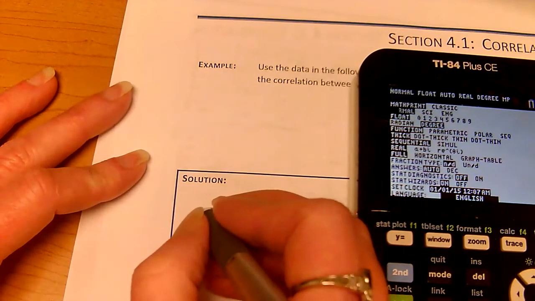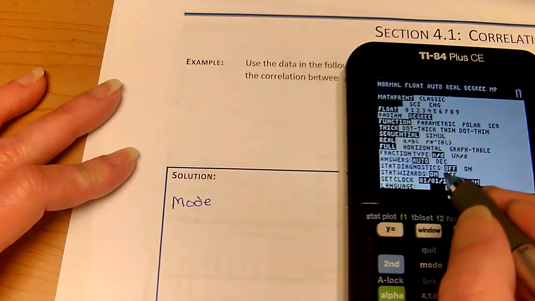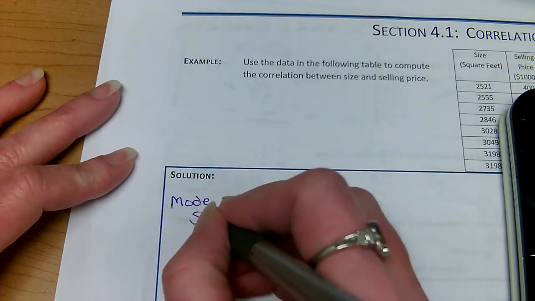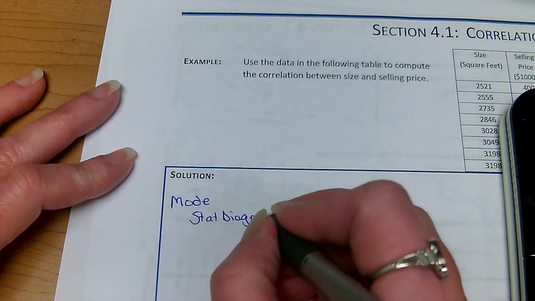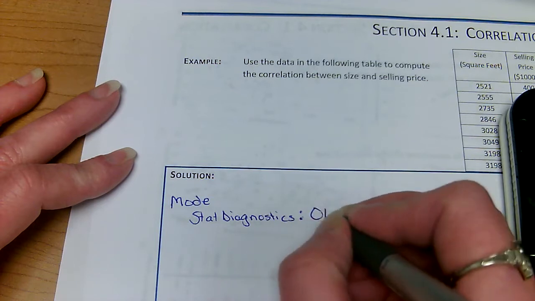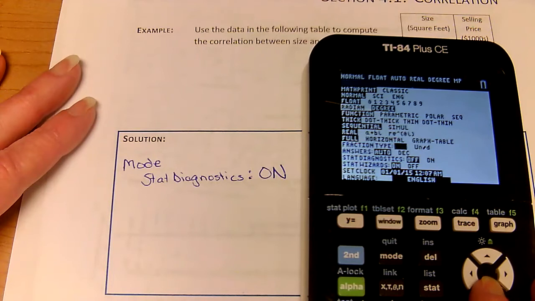So you need to press the mode button and check that the stat diagnostics are on. When the calculators are reset, that automatically goes to off, which I hate that it does. But we want the stat diagnostics to be on, or else it won't give us this wonderful little shortcut.